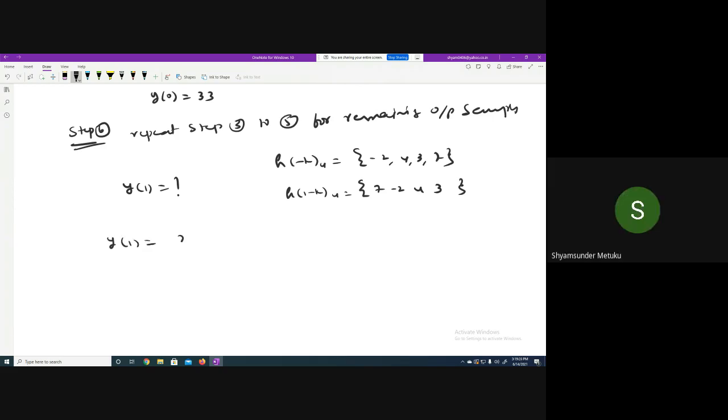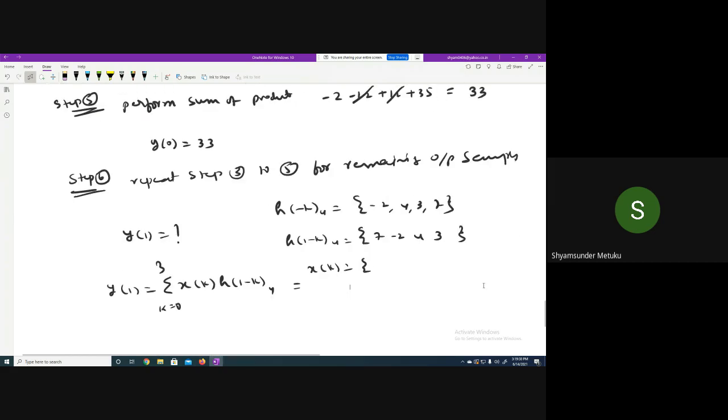So y of 1 is equal to the summation of x of k multiplied by h of 1 minus k, k from 0 to 3. Which is again x of k. If I am writing here, what is x of k for me? 1, minus 3, 4, 5.